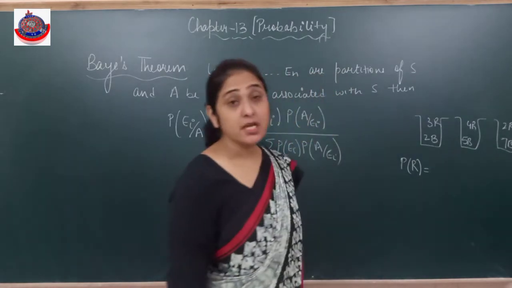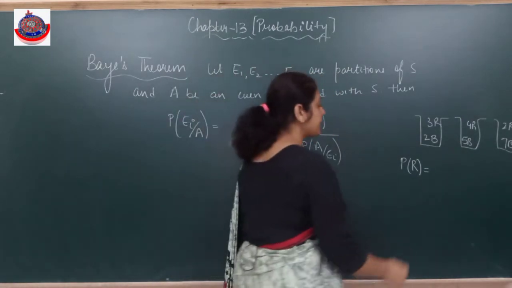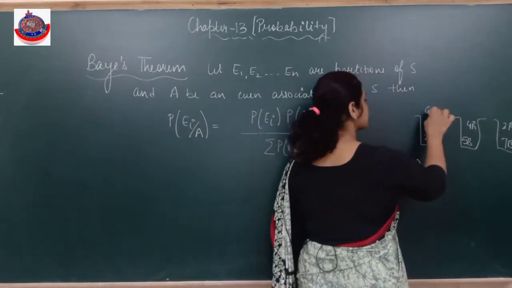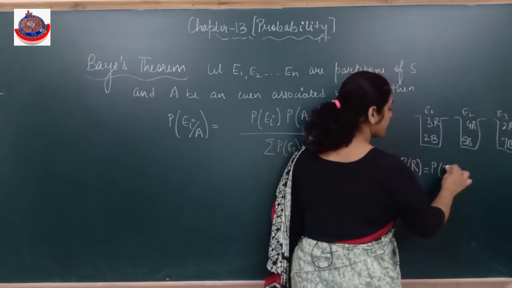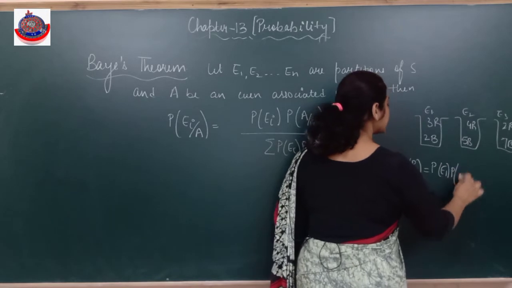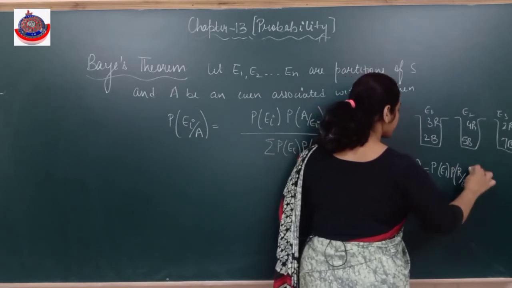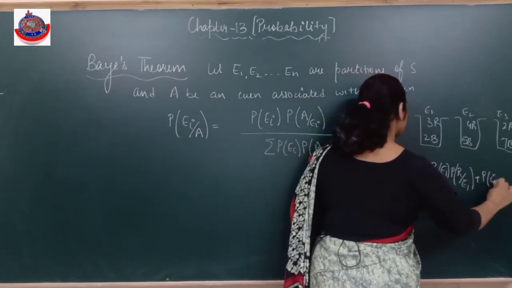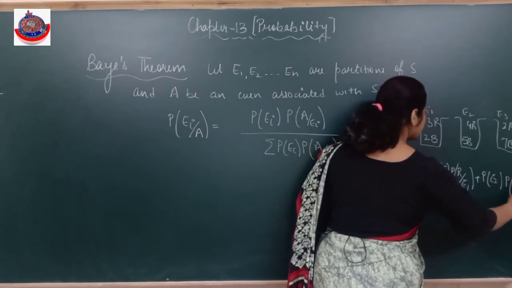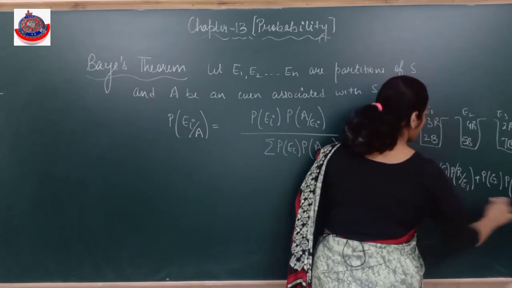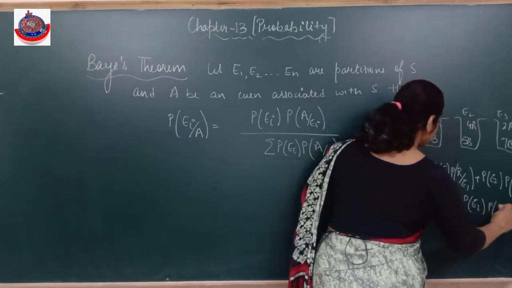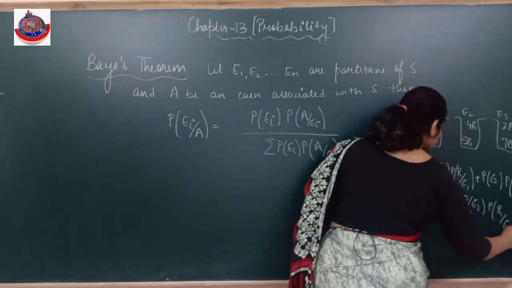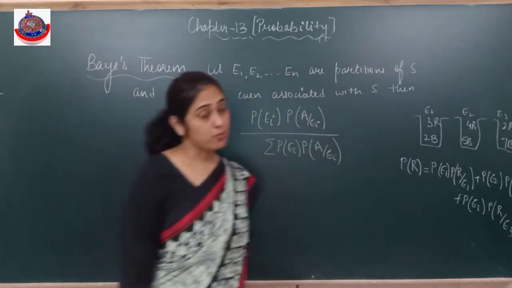Now I know that for the red ball, first of all, this is E, the bags: bag 1, bag 2, bag 3. So first bag 1 will be selected and then a red ball from bag 1, or bag 2 and then a red ball from bag 2, or bag 3 and then a red ball from bag 3. This is theorem of total probability.